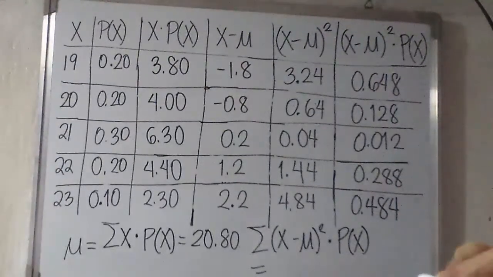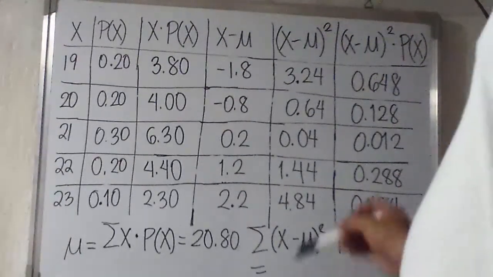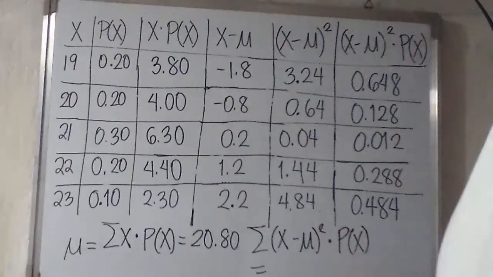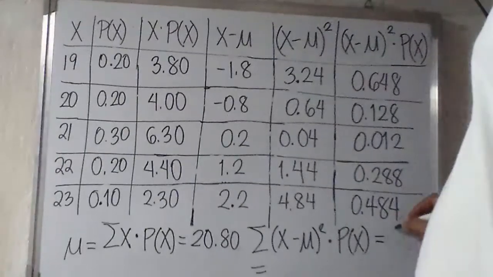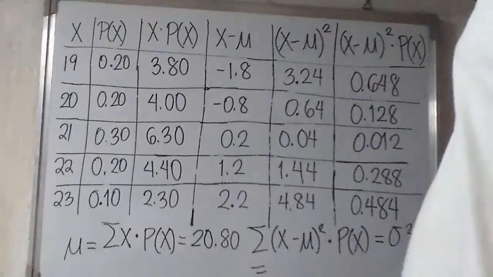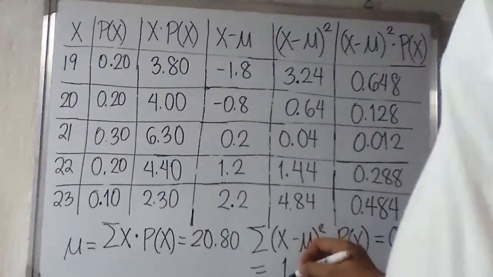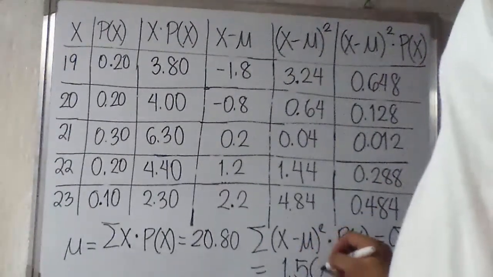So now, we are going to find the variance. So this is the formula for the variance. This is the sum of this column. So that sum is 1.56.